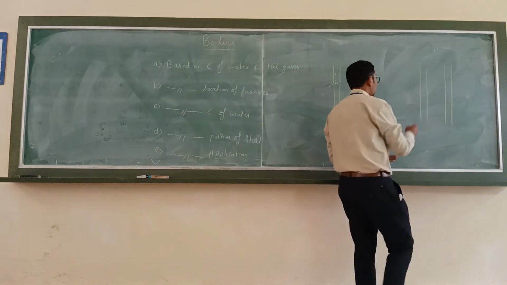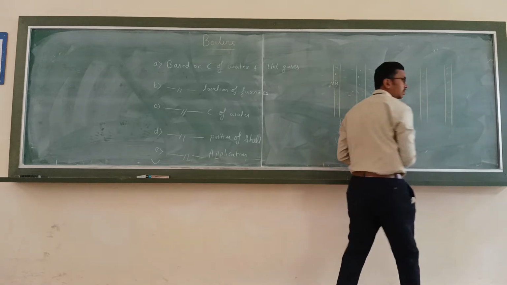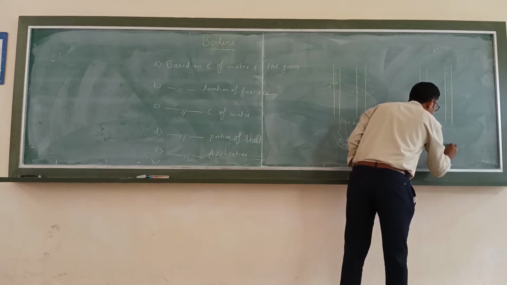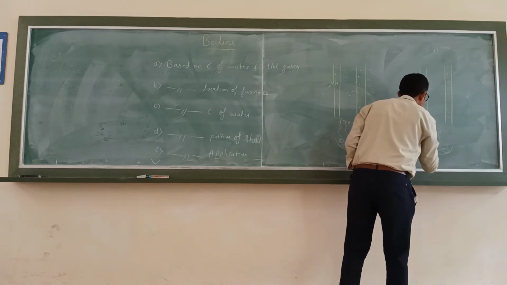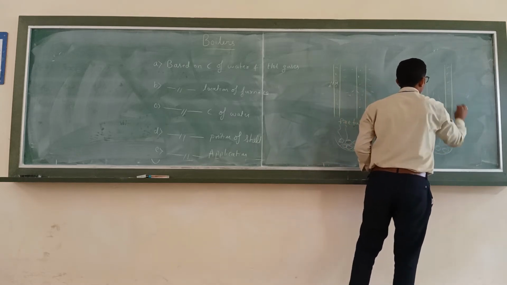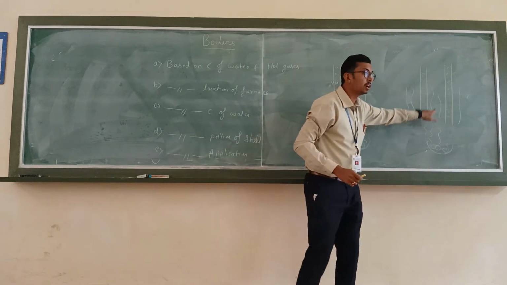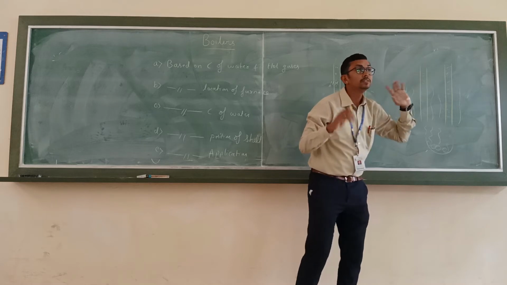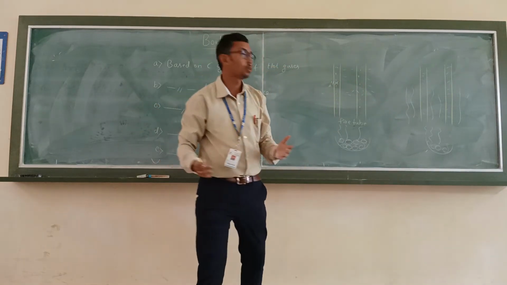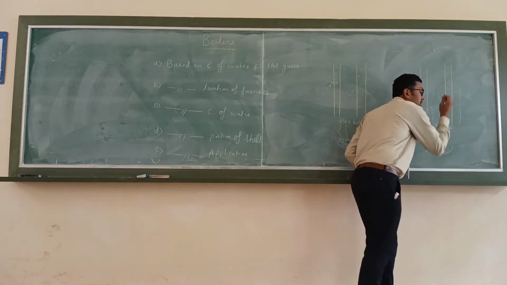Here you have water tube boilers in red. The water is circulated inside the tube, which is surrounded by hot gas. That we call water tube boilers.